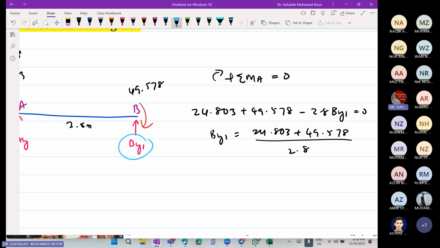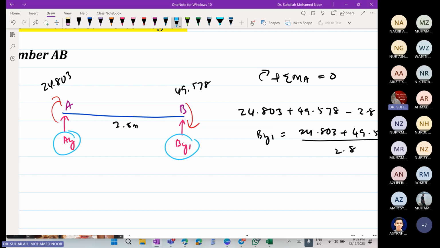Because we want to calculate this value and this value. There is no intersection, there is no point load.